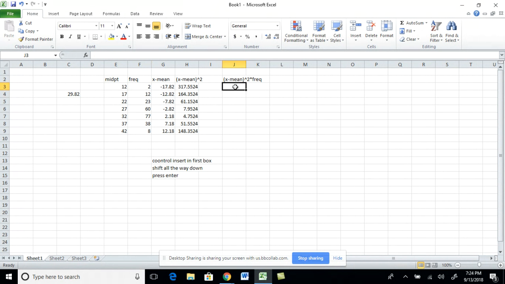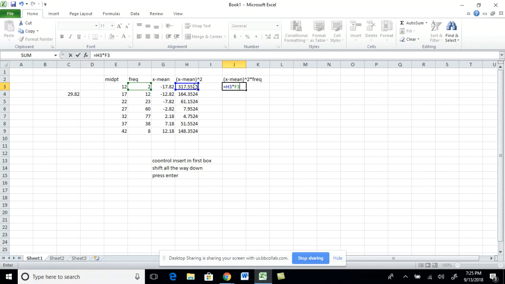To do that, you go equals, that number, then times, which is above the 8, and then times 2. And that's this column right here. Whenever you want a formula, you have to put an equal sign.